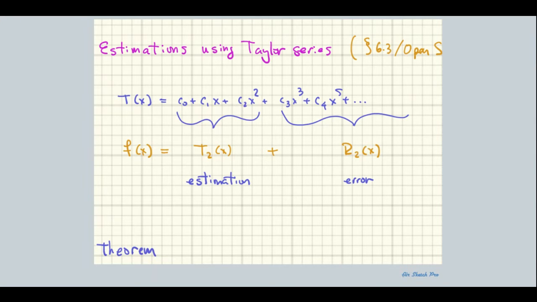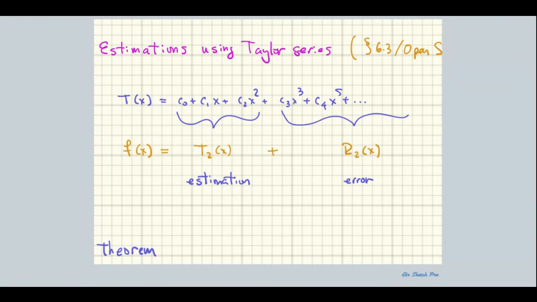We're good. Okay? Now, the Taylor series that is coming through, I can break up into two pieces in order to do estimations. I'm going to grab the first little chunk, and I can make different size chunks. This one here is a chunk that I picked out, stopping at the second power.